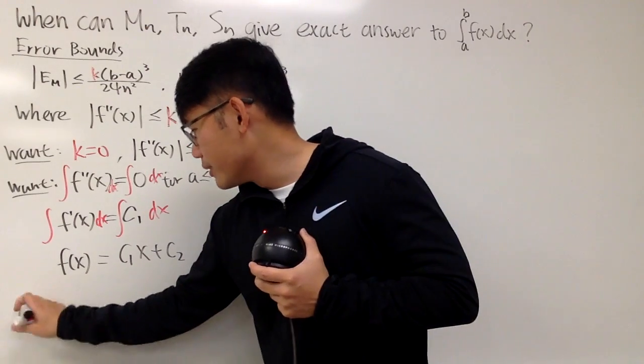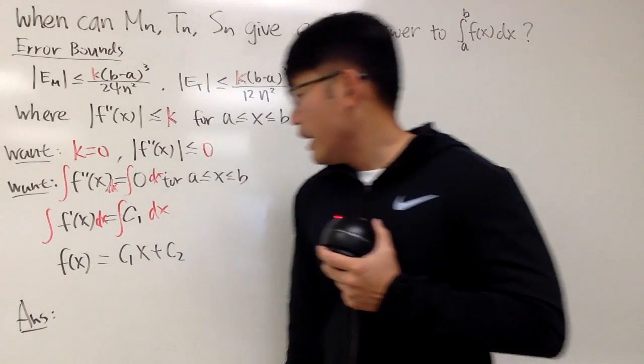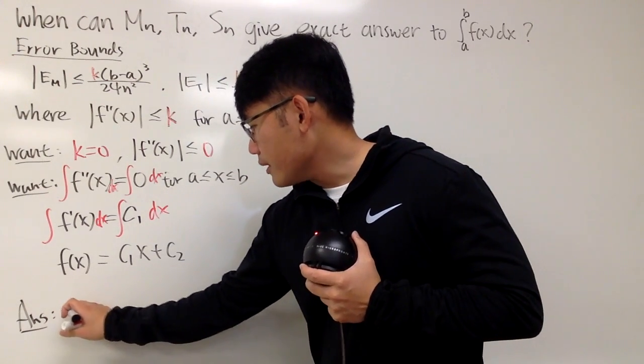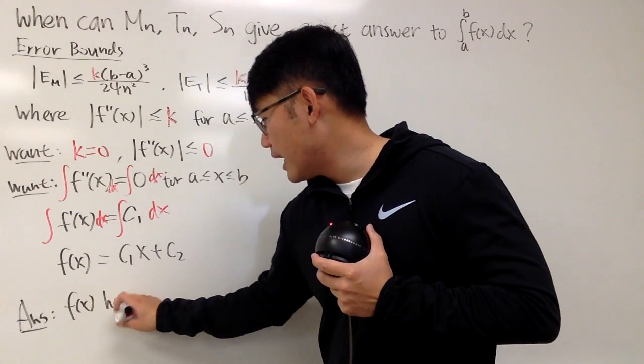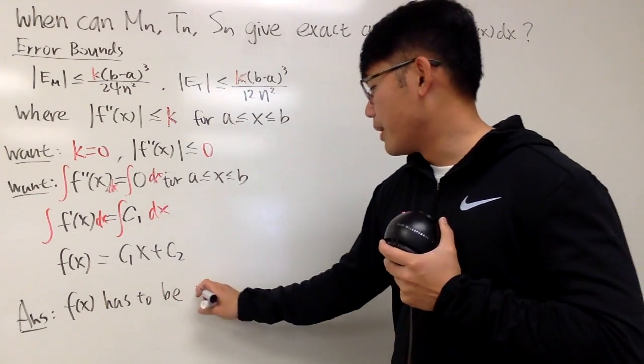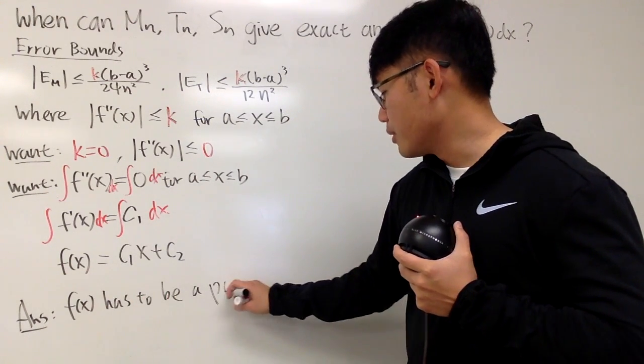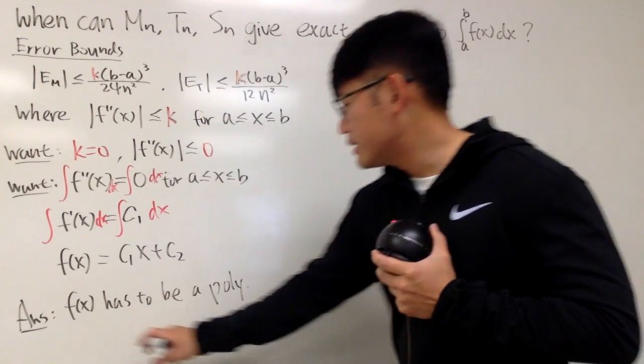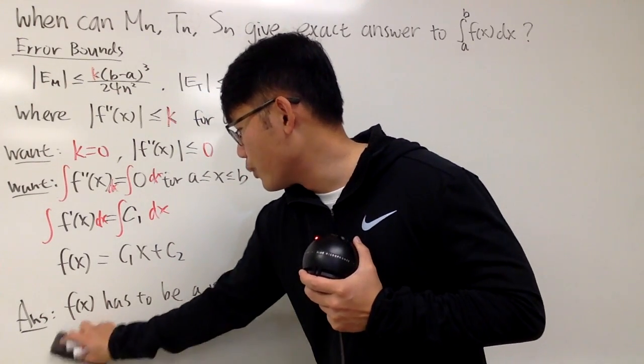So let me just tell you guys this right here. Technically, I will write down f of x has to be a polynomial, technically a polynomial with degree 1 or less.